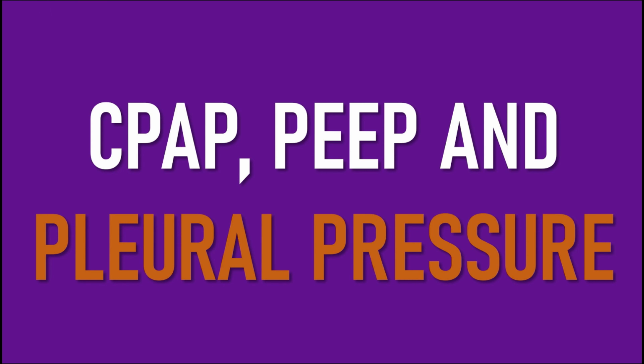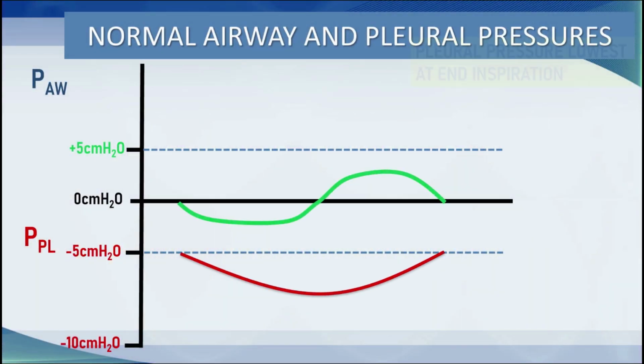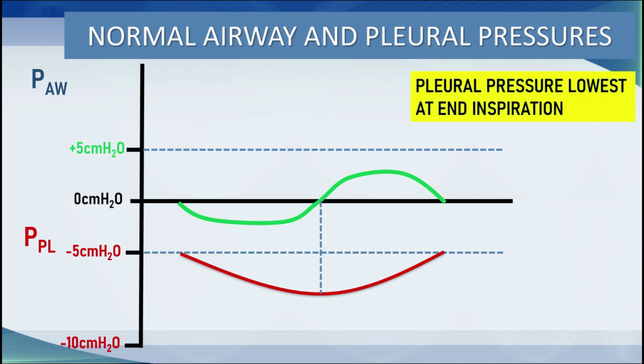Let's look at CPAP, PEEP, and pleural pressures. You can see on this picture the normal airway pressures. That's the green curve. There's a slight negative deflection in inspiration and a slight positive deflection in expiration. And with this, you can see the equivalent pleural pressure. That's the red curve.